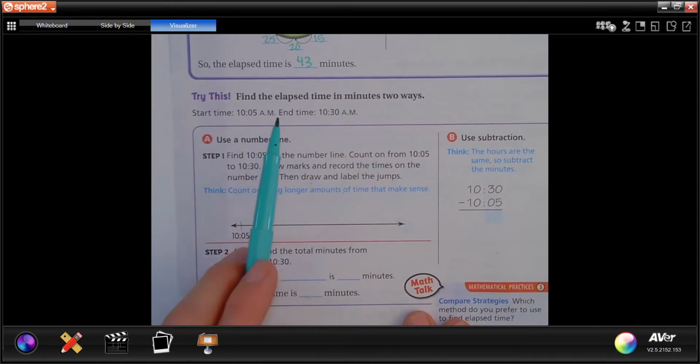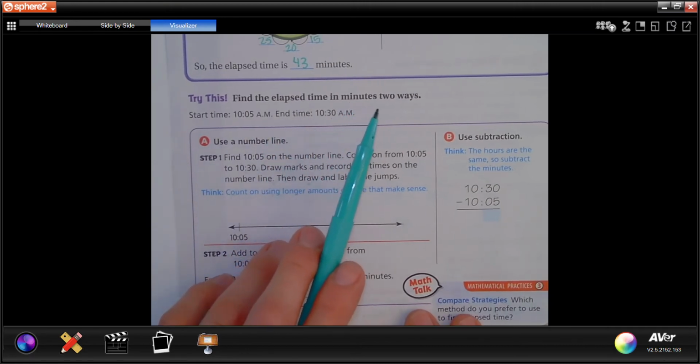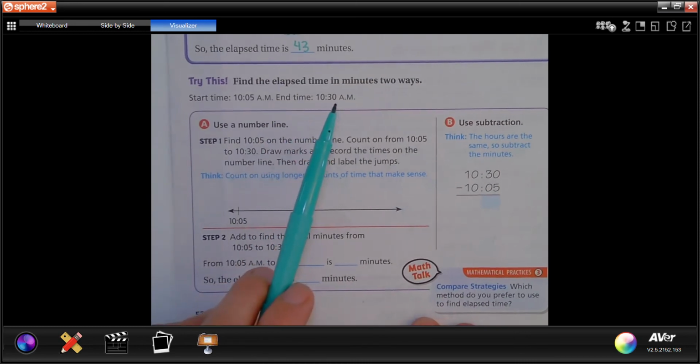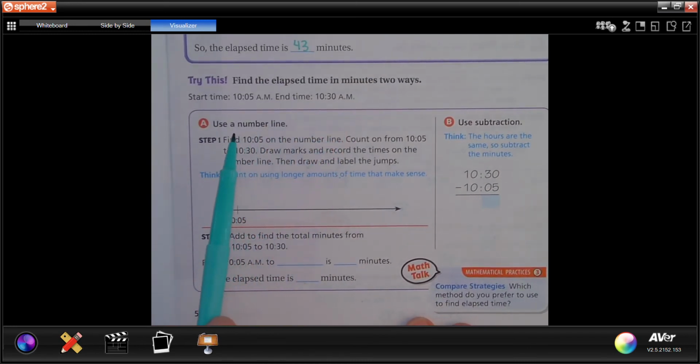Try this. Find the elapsed time in minutes 2 ways. Start time, 10:05 a.m. End time, 10:30 a.m. Use a number line. Step 1. Find 10:05 on the number line. Count on from 10:05 to 10:30. Draw marks and record the times on the number line. Then draw and label the jumps. Think. Count on using longer amounts of time that make sense.